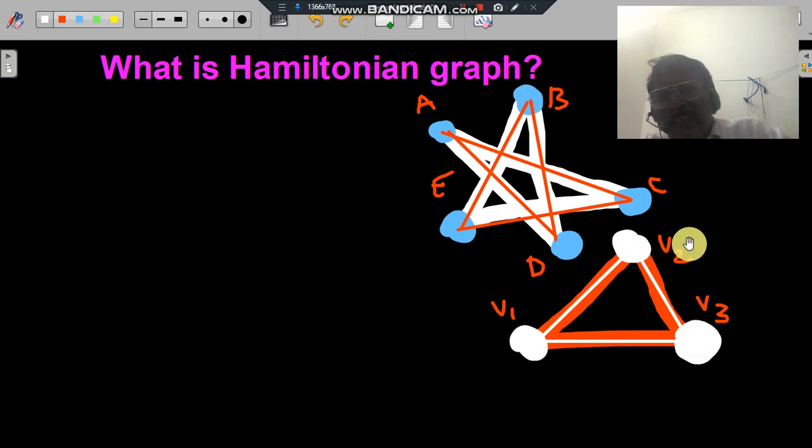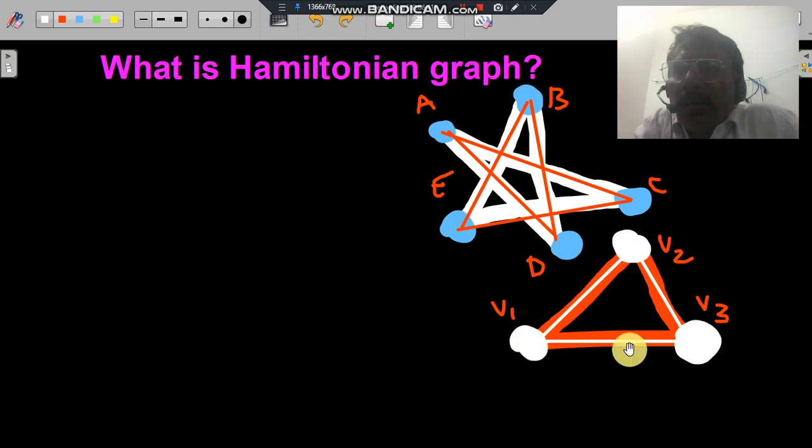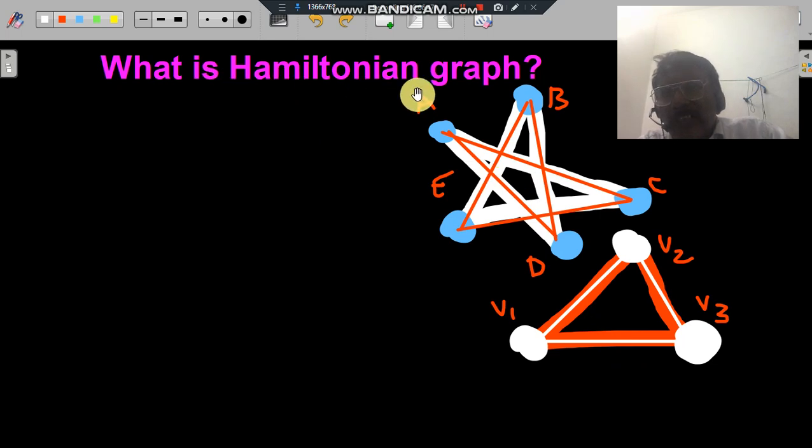So this kind of graph is one where there exists one cycle such that each vertex appears but once. The cycle crosses each vertex but once. This is a speciality in these two graphs, and this type of graph we call a Hamiltonian graph.